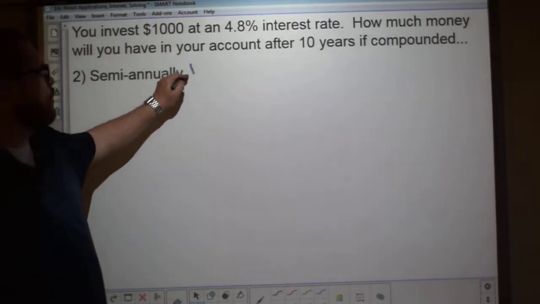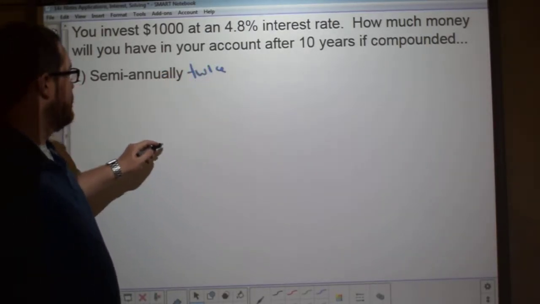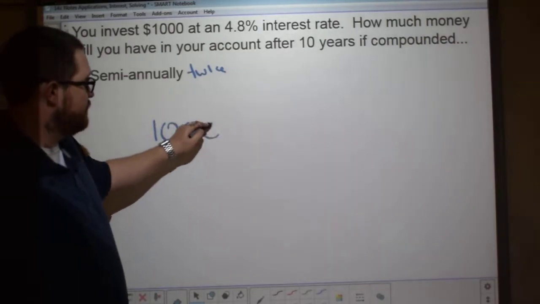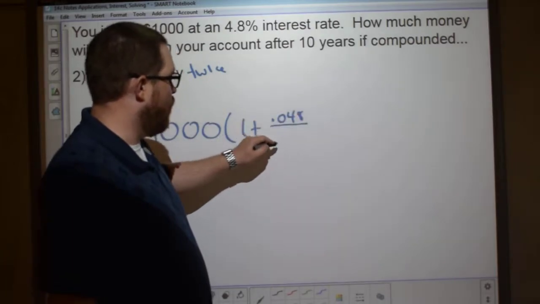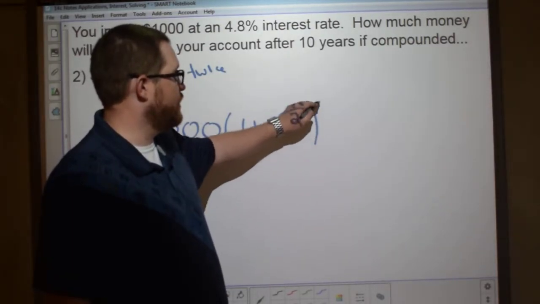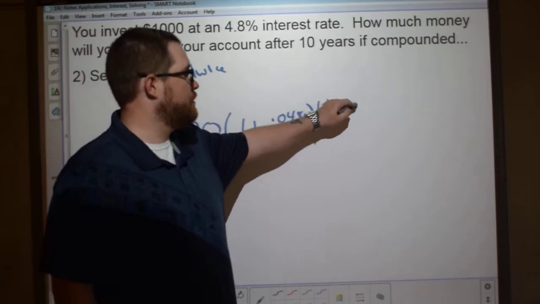Semi-annually, so twice per year. Same concept, 1,000, 1 plus 0.048 over, this time it's 2 because it's twice per year, 2 times 10.